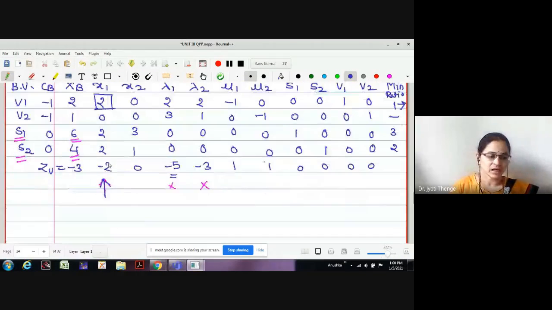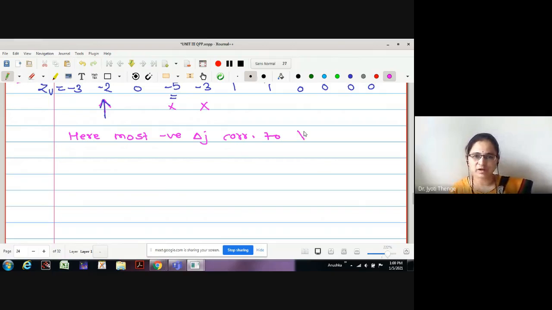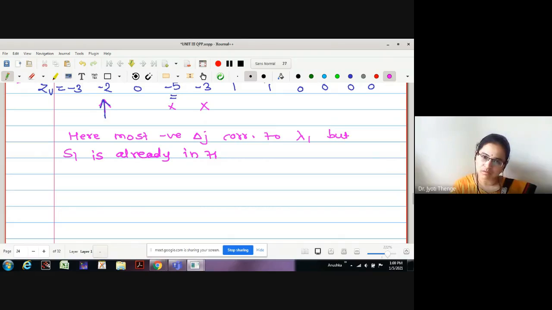Let me just write a reason here. The most negative delta J corresponds to which variable? Lambda 1. But S1 is already in the basis at a positive level, having a positive value.